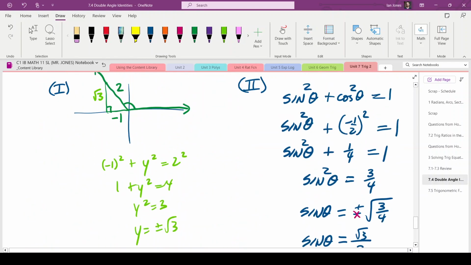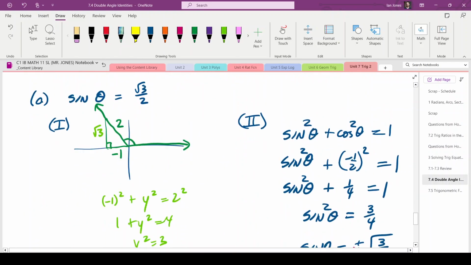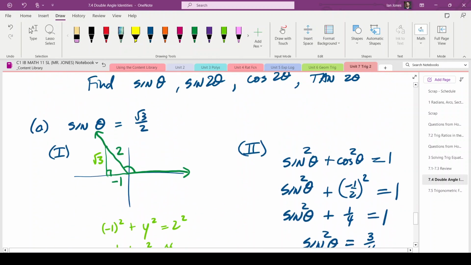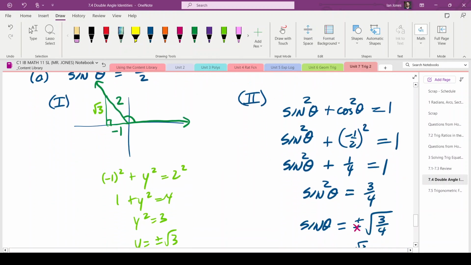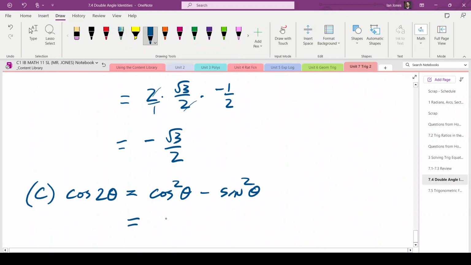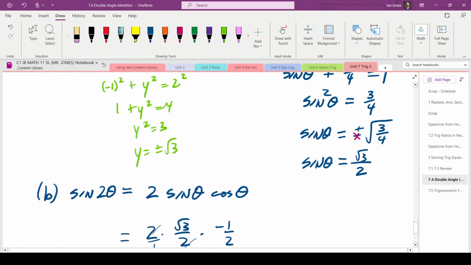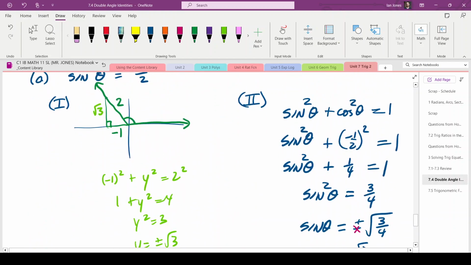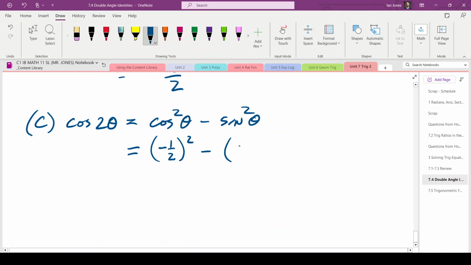Cosine theta was negative a half, so we have negative 1/2 squared minus sine theta. What was sine theta again? It was root 3 over 2. Root 3 over 2 squared.